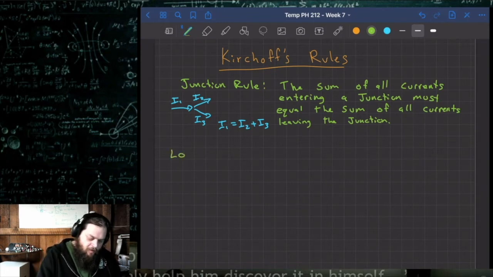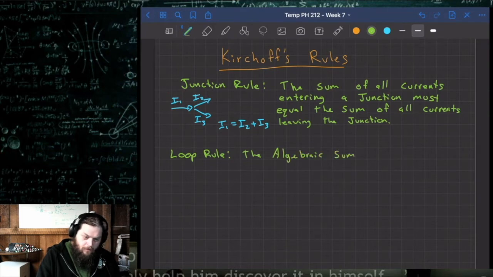Secondly, there's the loop rule. And this is the algebraic sum of changes in potential around any closed circuit.